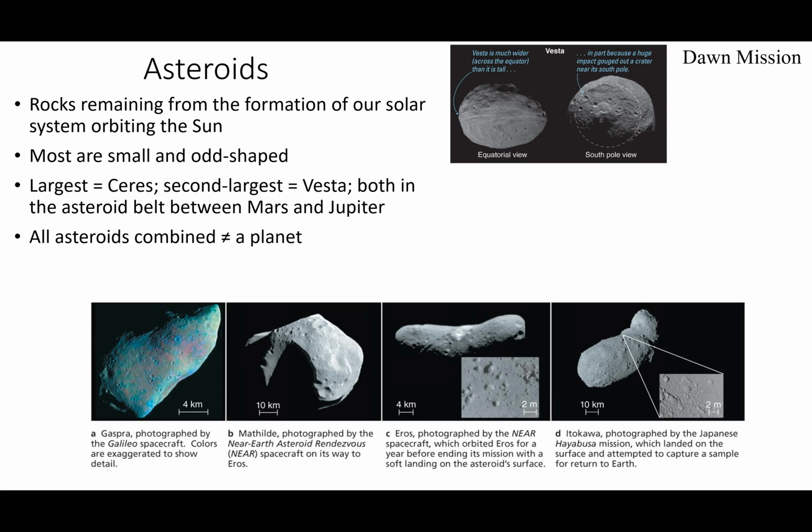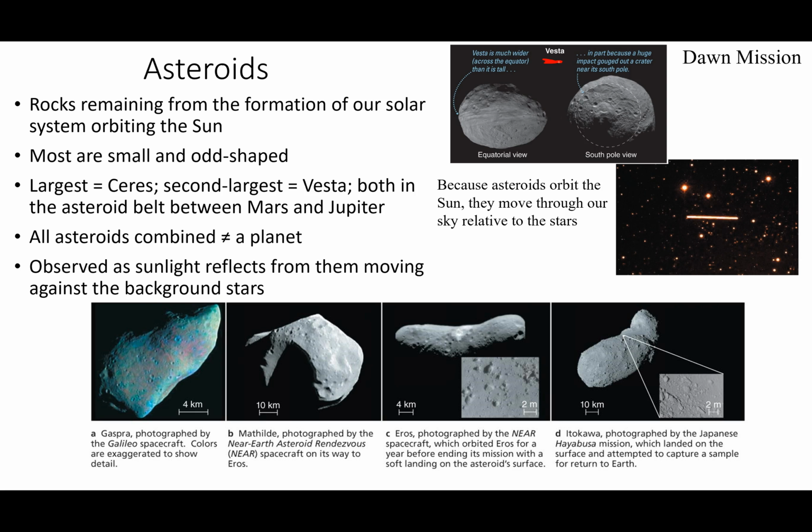This guy Vesta, or this gal Vesta, is one of the two large asteroids in the asteroid belt. The larger something is, the more it becomes spherical, so you can see it's spherical there. But this says if you were to take the crumblies between Mars and Jupiter and try to make another planet, it would not be large enough to be a planet.